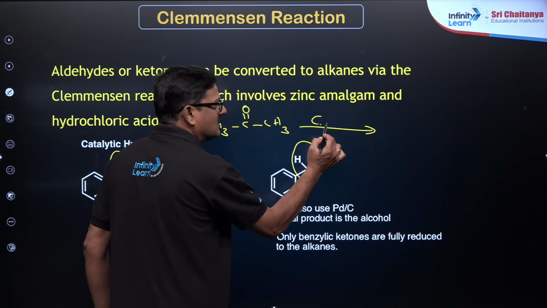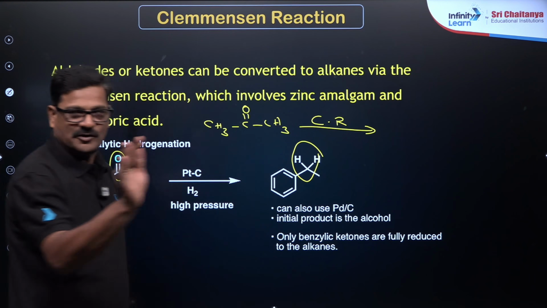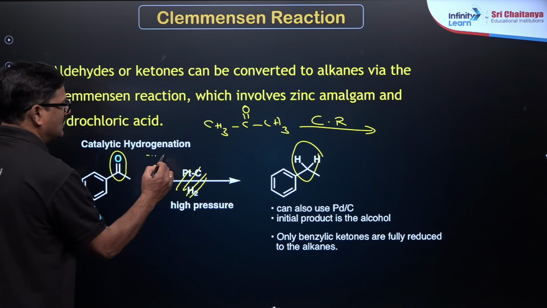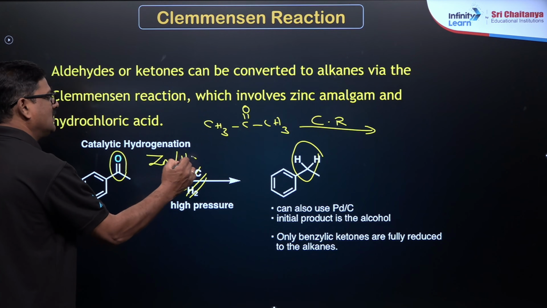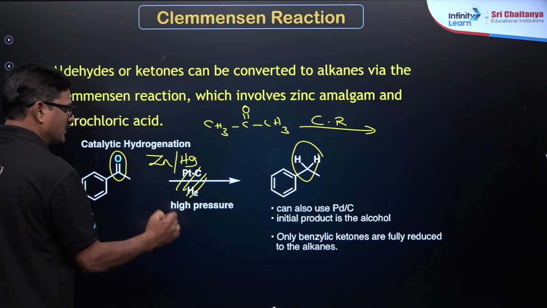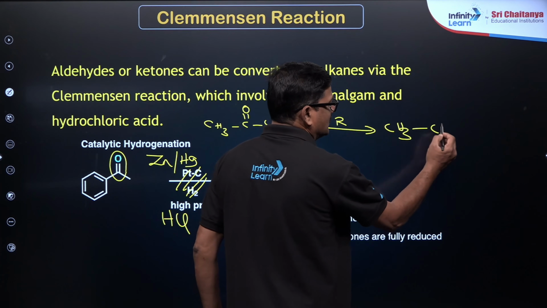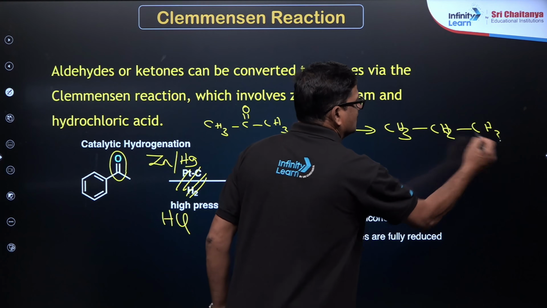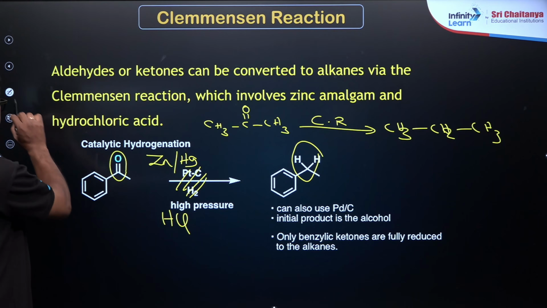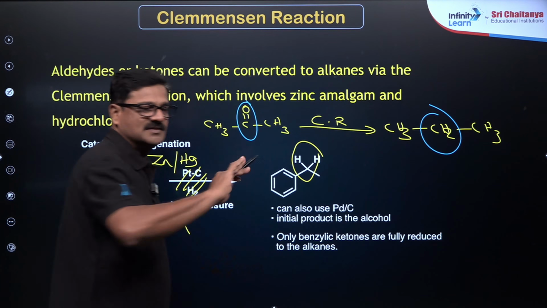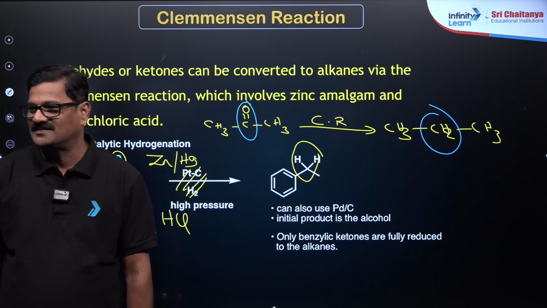When it is treated with Clemmensen reduction, CR stands for Clemmensen reduction, with zinc amalgam and HCl, we are going to get CH3, CH2 and CH3. So what is the catch point in this reaction? Wherever you see C=O becomes CH2, that is the output of the Clemmensen reduction.